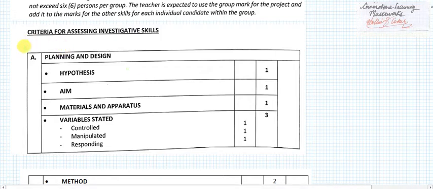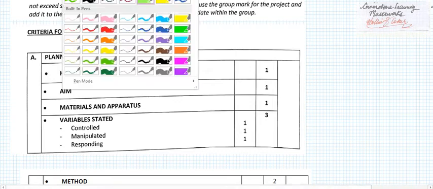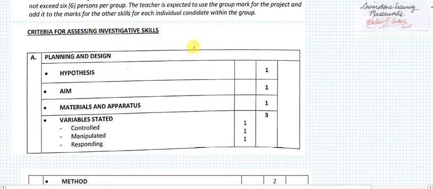So what you're going to control, of course, is your rubber band. You can use one brand of rubber band. You'll keep that fixed. What you're going to manipulate, of course, is the load. You're going to add load to that rubber band. And what you're going to look at is the extension.